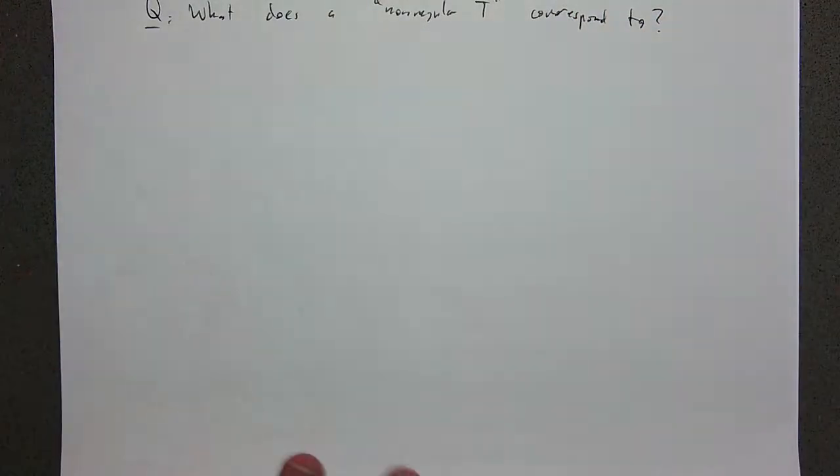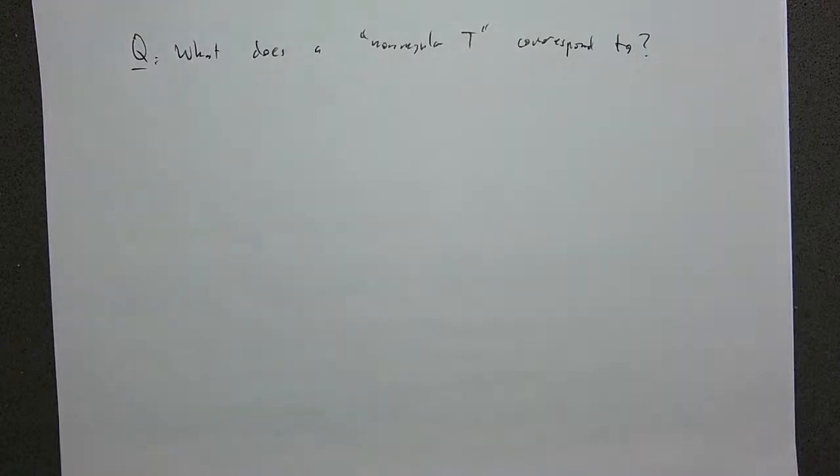We know how to answer this in a very clean way: this means we have a matrix for which there does not exist a k for which T to the k has all non-zero entries.